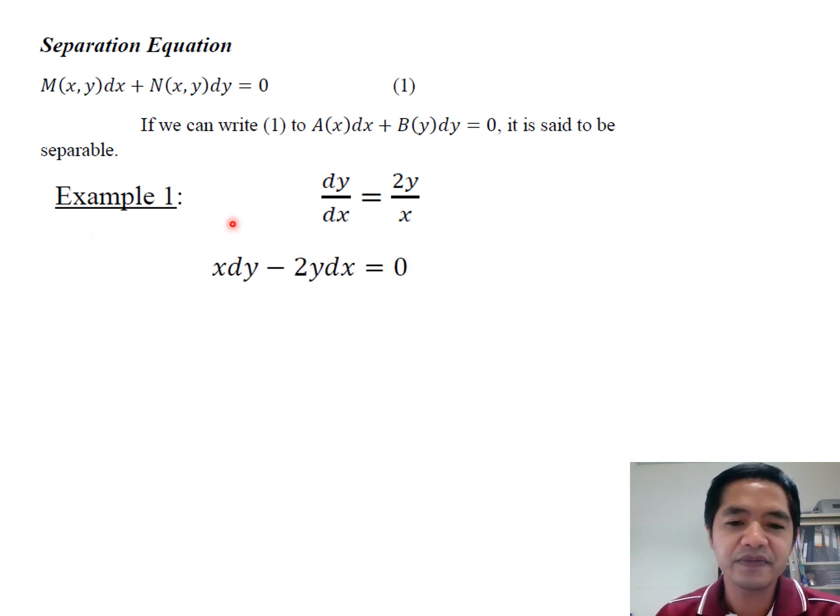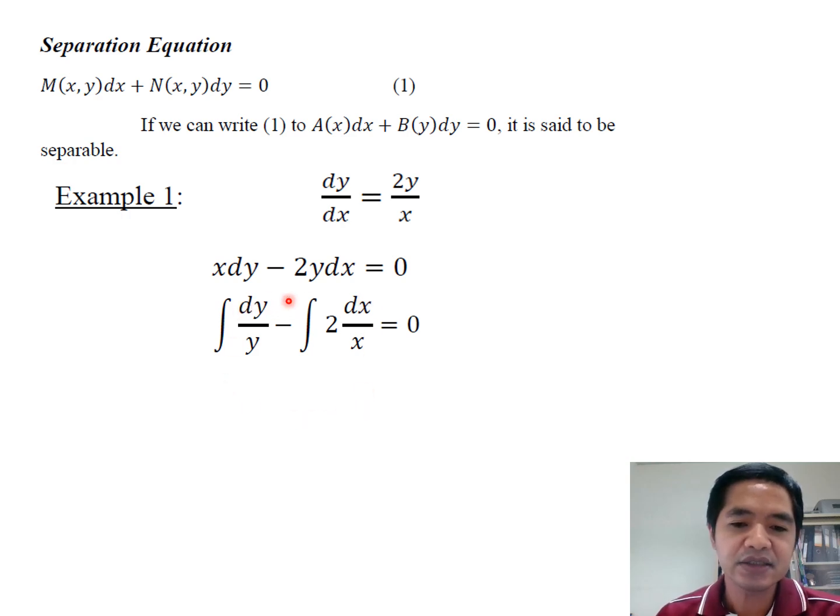We have dy over dx equal to 2y over x here. The first thing you do is try to separate x and y with dx and dy. You rearrange and get x dy minus 2y dx equal to 0. Here x is with dy and y is with dx, so it's not separable yet. So let's try again.